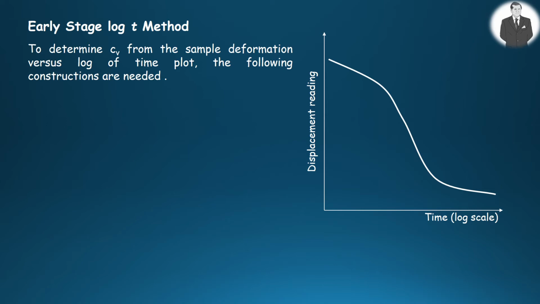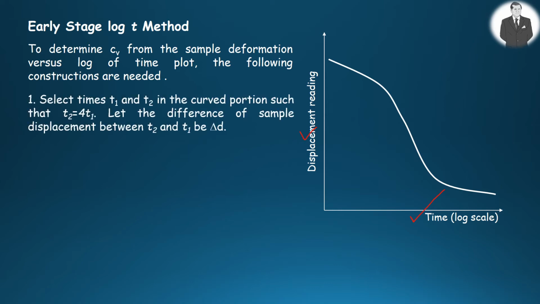To determine the coefficient of consolidation from the sample deformation against the log of time, the following constructions are required. In the first step, select times t1 and t2 in the curved portion as shown, such that t2 is equal to 4 times t1.